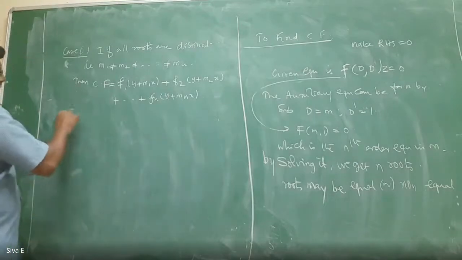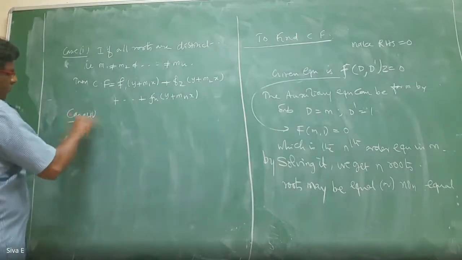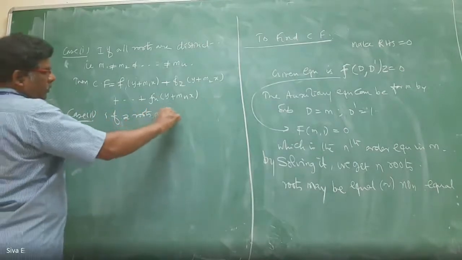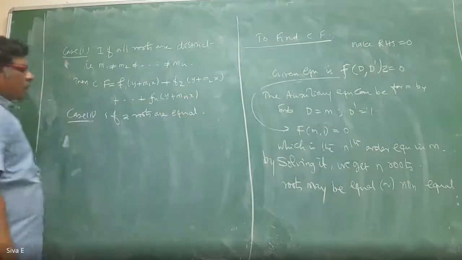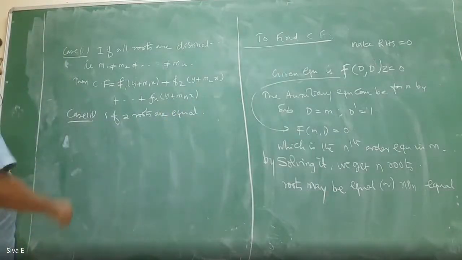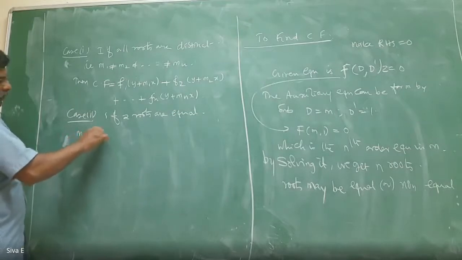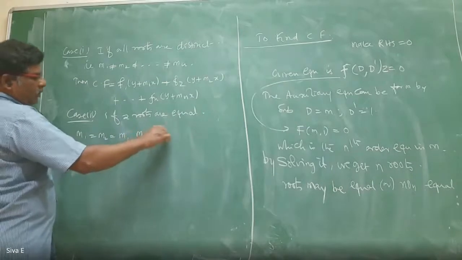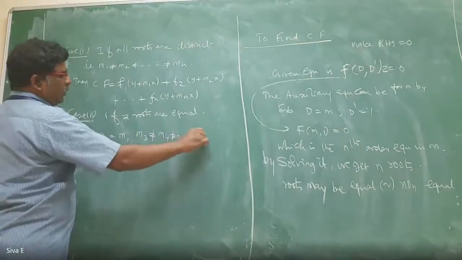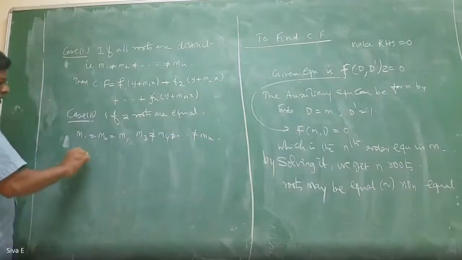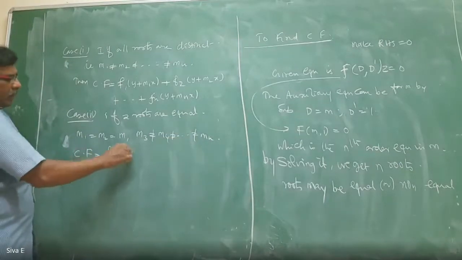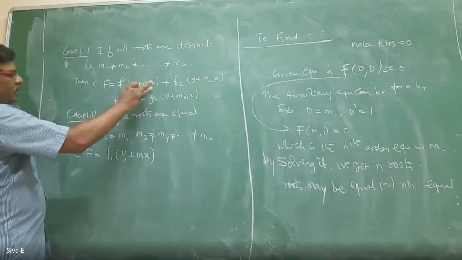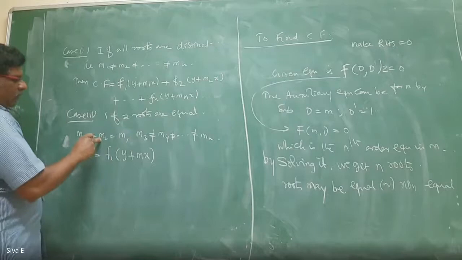Case 2: if two roots are equal and the other roots are unequal, that is m1 equal to m2 equal to m, and m3 is not equal to m4 is not equal to mn, then the complementary function is f1 of y plus mx. See, here it was y plus m1x, but here m1 equal to m2 equal to m.